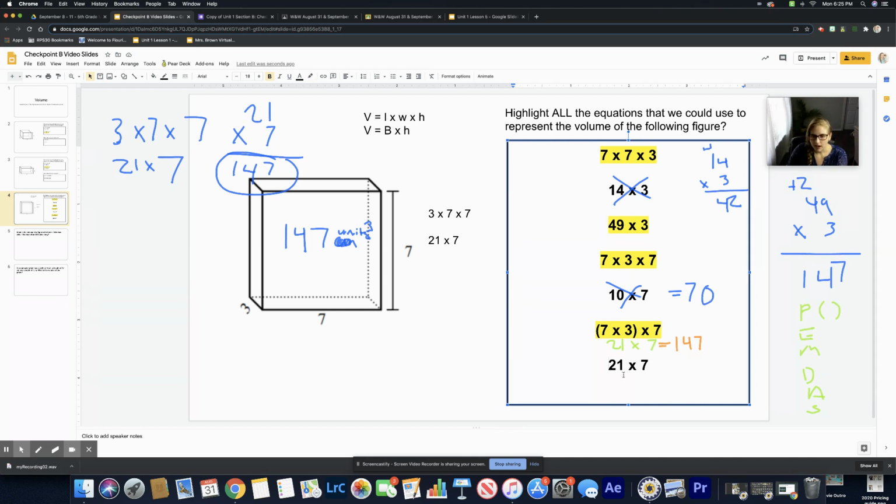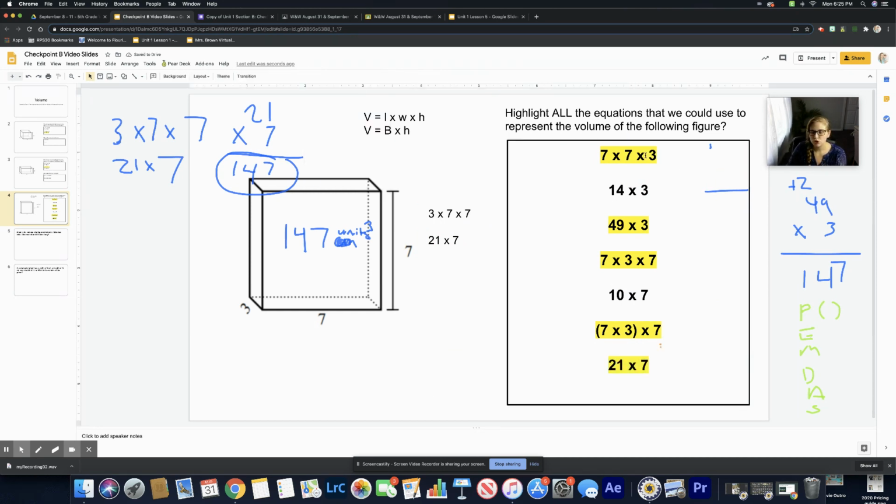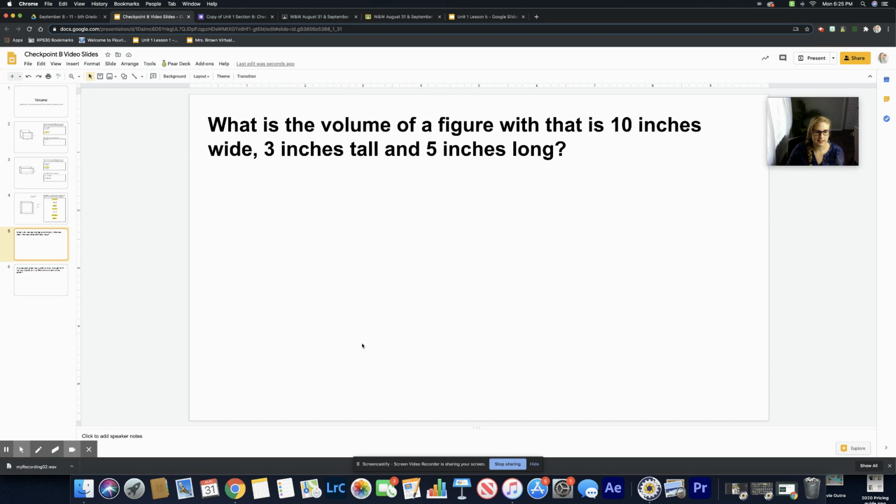If you notice, this bottom one is the same one that we have over here. So 21 times 7 is our base times height formula. So you should have highlighted them all but 2. All right, let's look at the next problem.